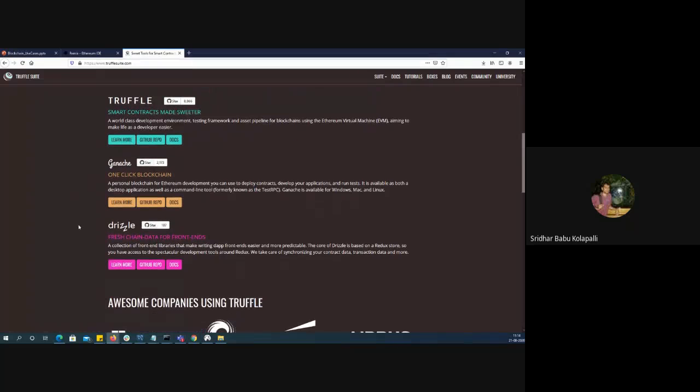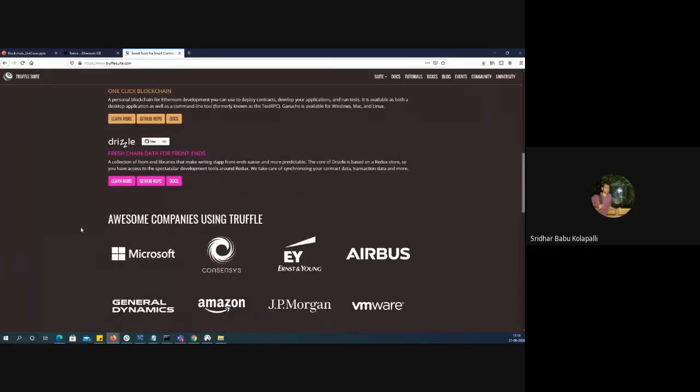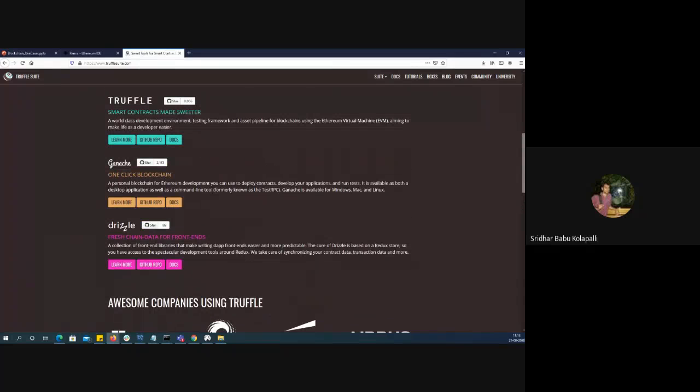Drizzle is for React-based decentralized applications. You can build your applications using Drizzle, which interacts directly with the smart contracts. So you can look at any of those. Truffle itself is a framework that will help you build your smart contracts and enable deployment in a DevOps manner. You can have continuous integration testing and then deploy into Ethereum, either on Ropsten or on the public mainnet.